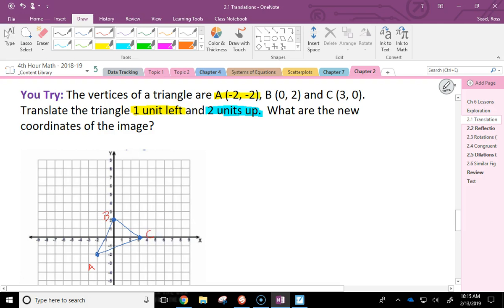Who thinks they can come up and put where coordinate A would be? Where's the new A go? Will, you want to try it out? Which method are you going to use?